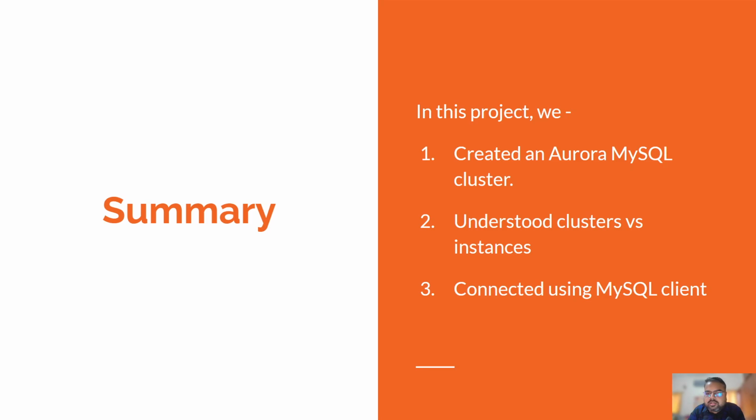We understood the differences between a cluster and an instance, and we successfully connected to Aurora using the MySQL client. This is the starting point for the MySQL cluster. In the next videos, we will be looking into the Aurora backups and point in time recovery, and how the backups are created.